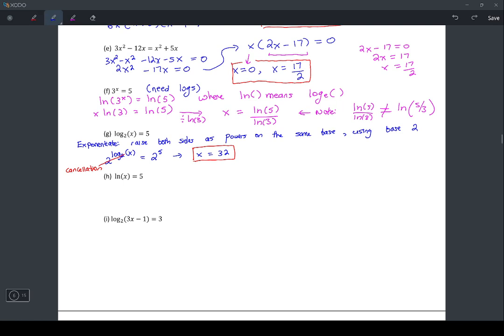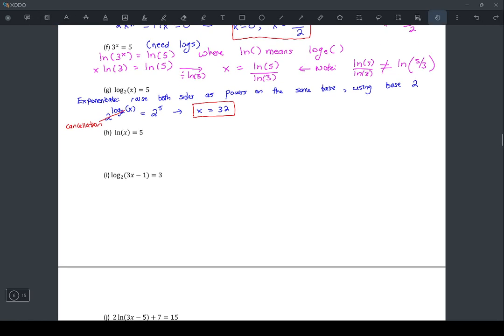In part H, we're going to do the same thing. We're going to exponentiate. Remember that ln means log base e. So I'm going to exponentiate both sides as powers on a base of e.